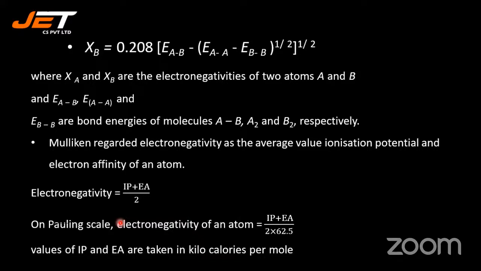See the chart, whatever chart you have written, and then tell me oxygen is more electronegative than nitrogen, or nitrogen is more electronegative than oxygen. Oxygen, madam. Yeah, good. What is the value for oxygen? 3.5.